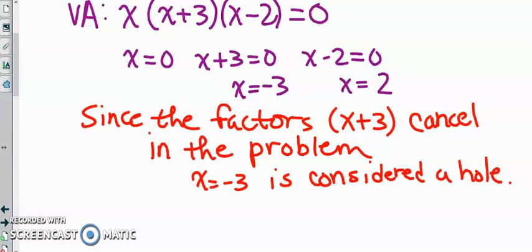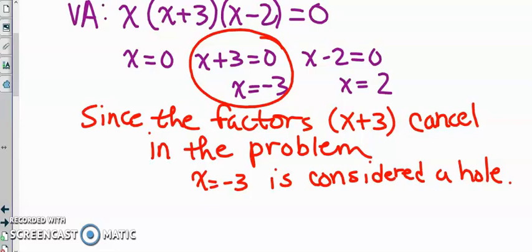Again, if you can cancel the factor out in the numerator and denominator, that means that x value is a hole in the graph. So that's not a vertical asymptote, it's actually a hole.